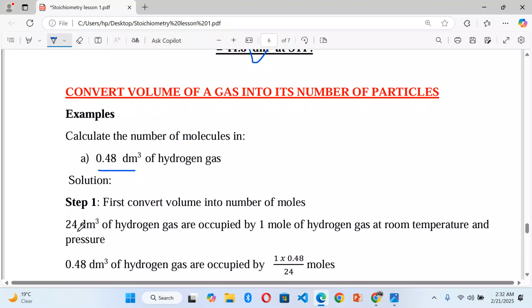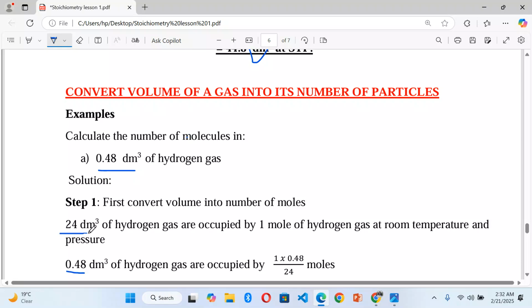And we're saying that 24 decimeter cubed of hydrogen gas are occupied by 1 mole of hydrogen gas at room temperature and pressure. If 24 decimeter cubed are occupied by this, what about the 0.48 decimeter cubed?